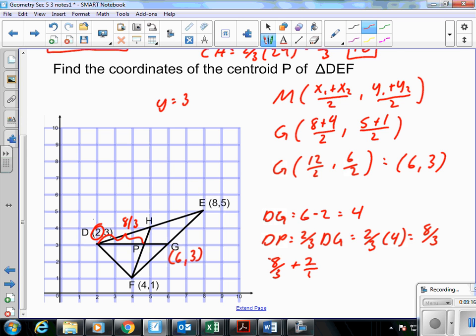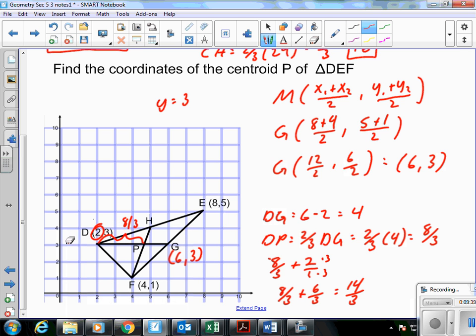So I'm going to put 2 over 1, and then we multiply the 2 by 3, top and bottom. So this becomes 8/3 plus 6/3, which is going to give us 8 plus 6, which is 14/3.